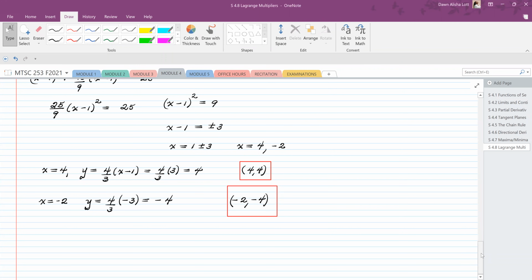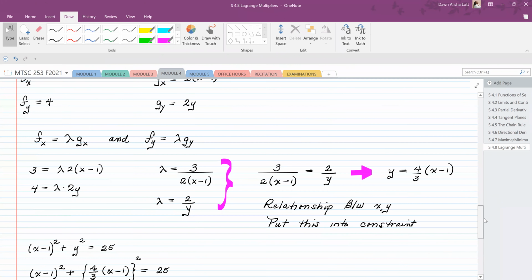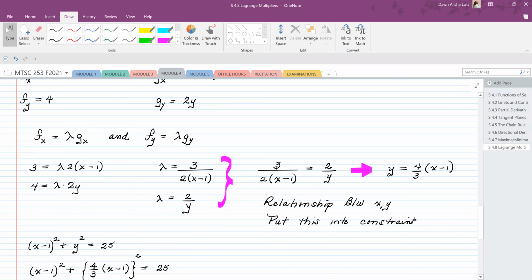Okay, so now if you remember when we were solving for this equation right here, I never wrote that x is not equal to 1 and y cannot be 0. So x cannot be 1 in this relationship and y cannot be 0.